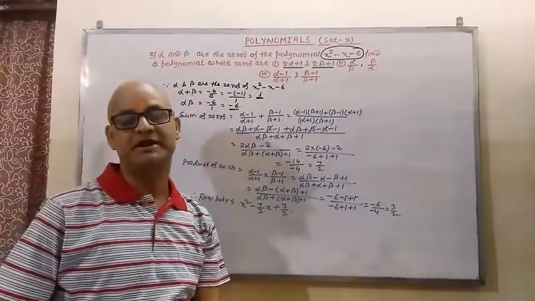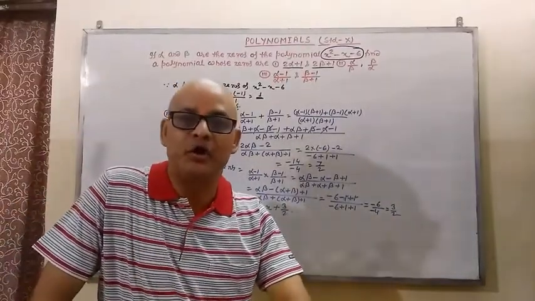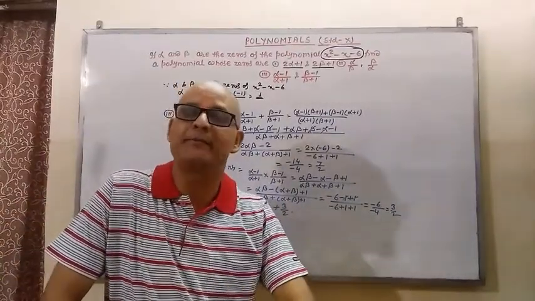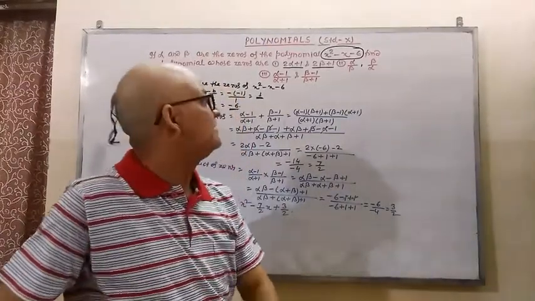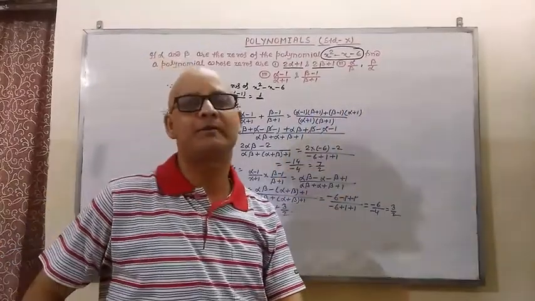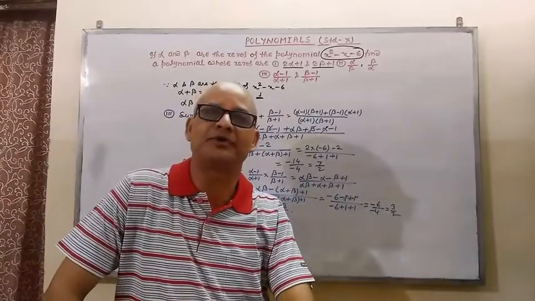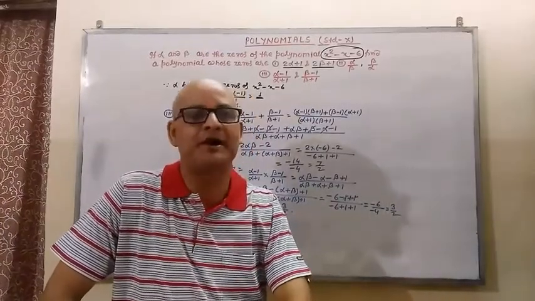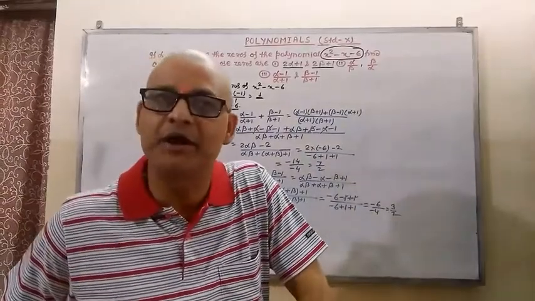So the common question is, if alpha and beta are the zeros of a particular quadratic polynomial, then your question is given like this, with zeros in the form of alpha and beta. First you find the sum of zeros, alpha plus beta, and the product alpha beta for the given quadratic polynomial.